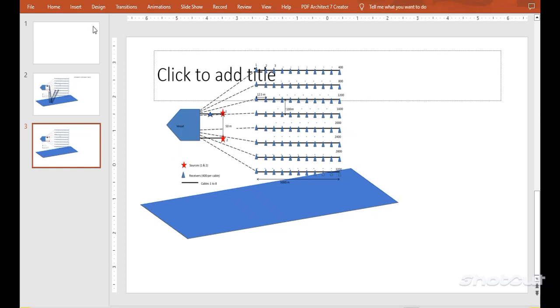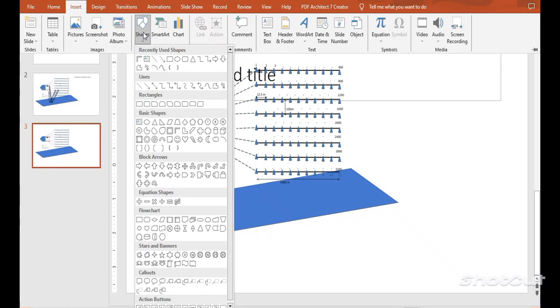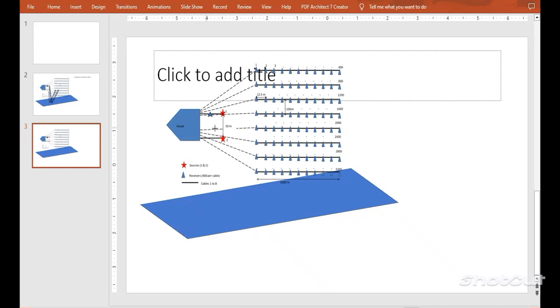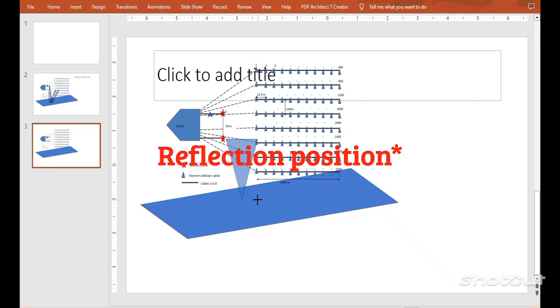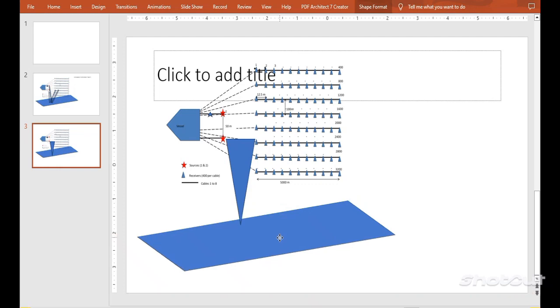Ctrl Z. Okay, let me use this. This is good. So using this, let's say we are talking about this receiver. Using Snell's law, the reflection point will be at the midpoint between the shot and the receiver. Because I want to include the other shots, let me move this forward.